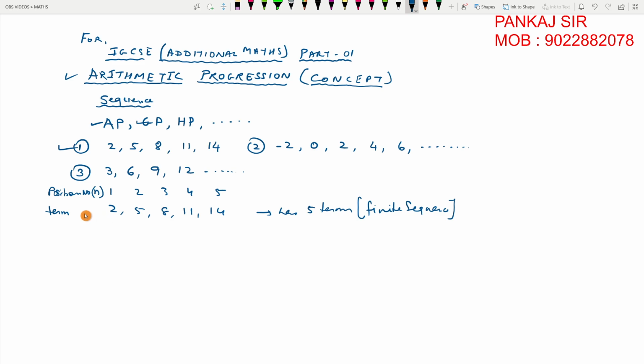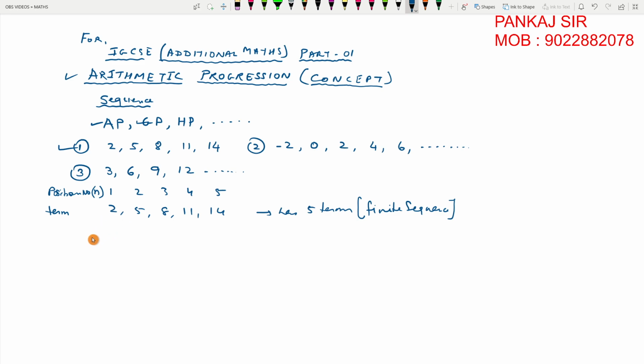And this is known as the term. Okay. So on position number 1, you have a term which is 2. On position number 2, you have a term which is 5. On position number 3, you have a term which is 8. On position number 4, you have a term which is 11. And on position number 5, you have a term which is 14.